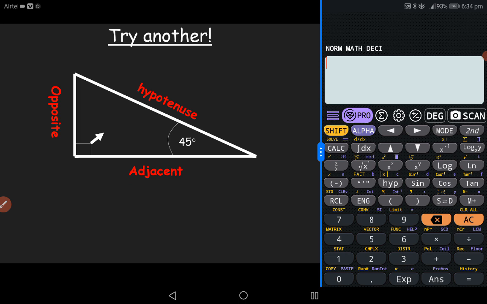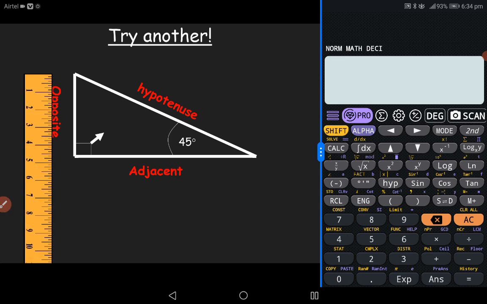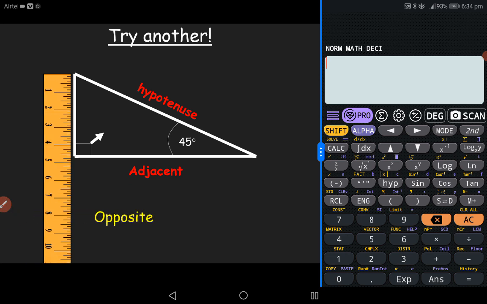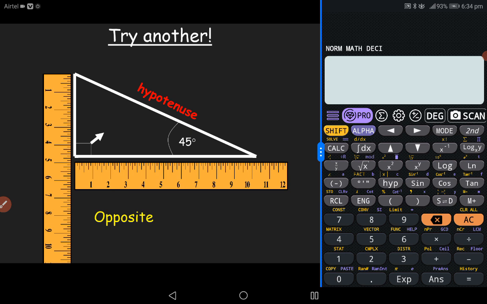Measure these two sides, and divide the opposite side by the adjacent side. You must be able to find a very interesting number which represents the tangent of 45 degrees, and that number is always equal to 1.